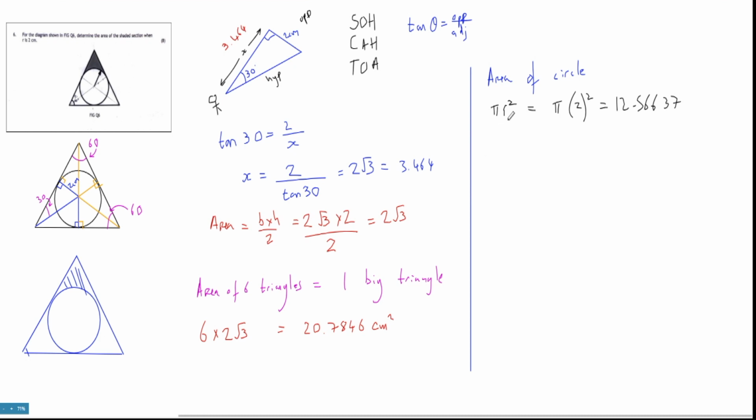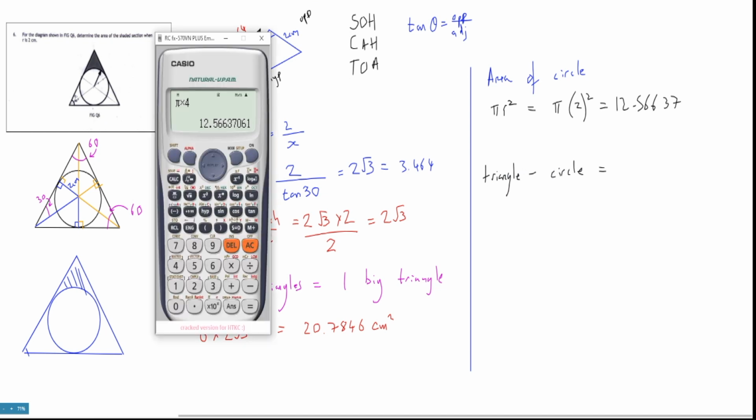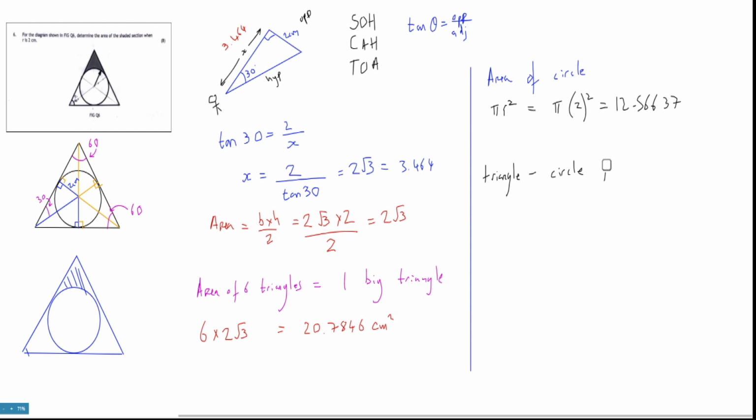Now we're going to do the big triangle minus circle, and we're going to divide by 3. So I can actually do that right now, couldn't I? Let's just type the numbers in. Yeah, let's do it so I don't forget it, because last time I forgot it. My students pointed it out.